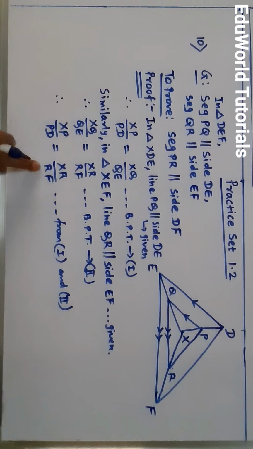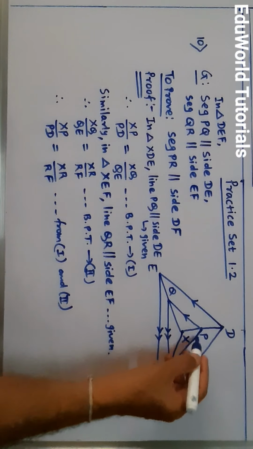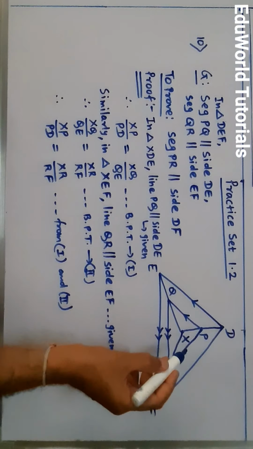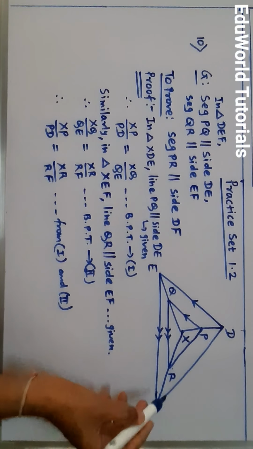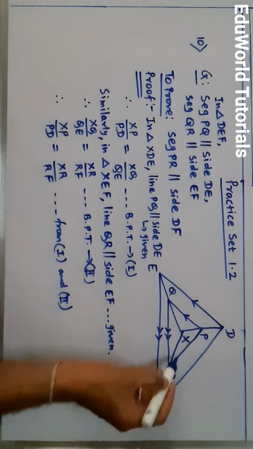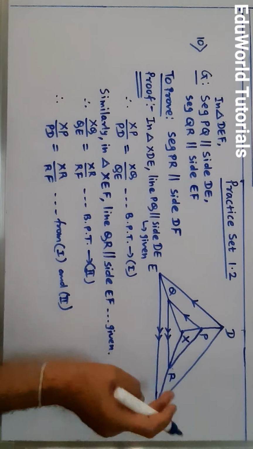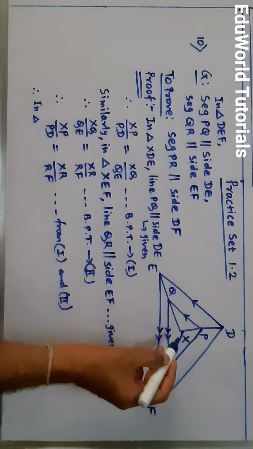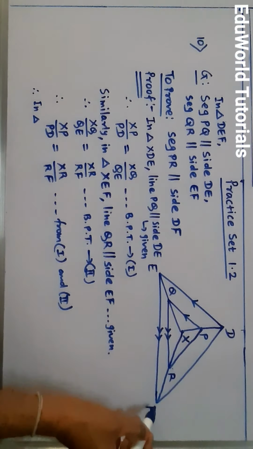What does this mean? This means that line PR divides side XD and side XF of triangle XDF in the equal ratio. So therefore, in which triangle will we now write?